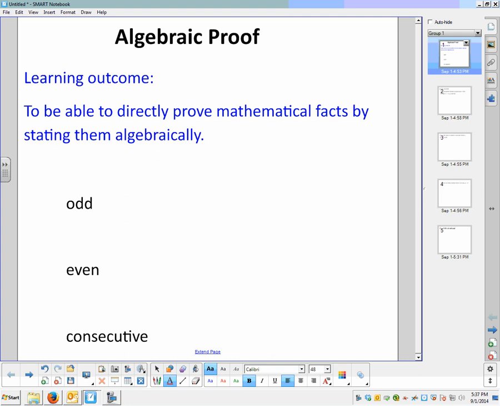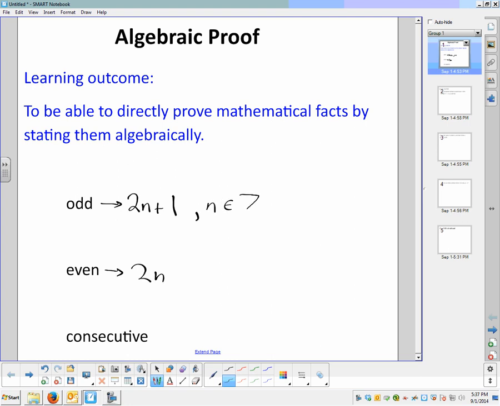Okay, so before we get started, a couple of things that might be useful. Let's say we want to talk about odd numbers or even numbers, which we're going to want to do during the course of this lesson. In general, we'll call an odd number 2n plus 1, and we'll call an even number 2n. I might not state it explicitly at every point, but in general, the number n is considered as an integer.